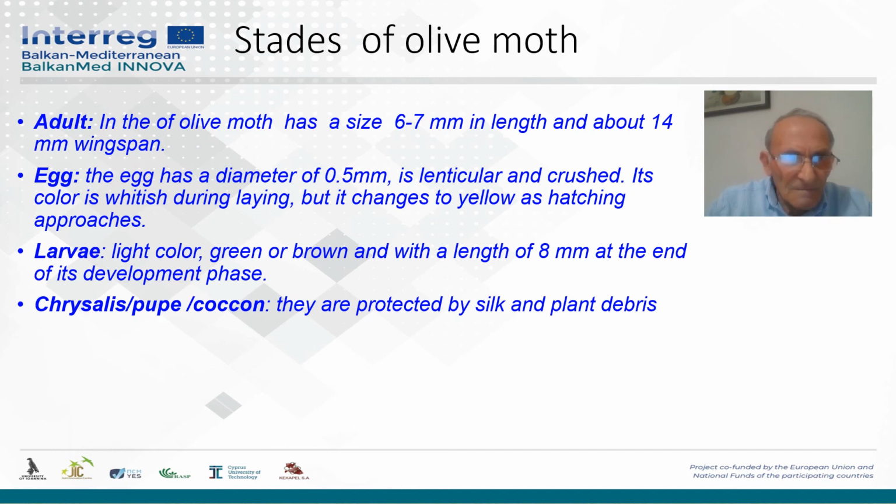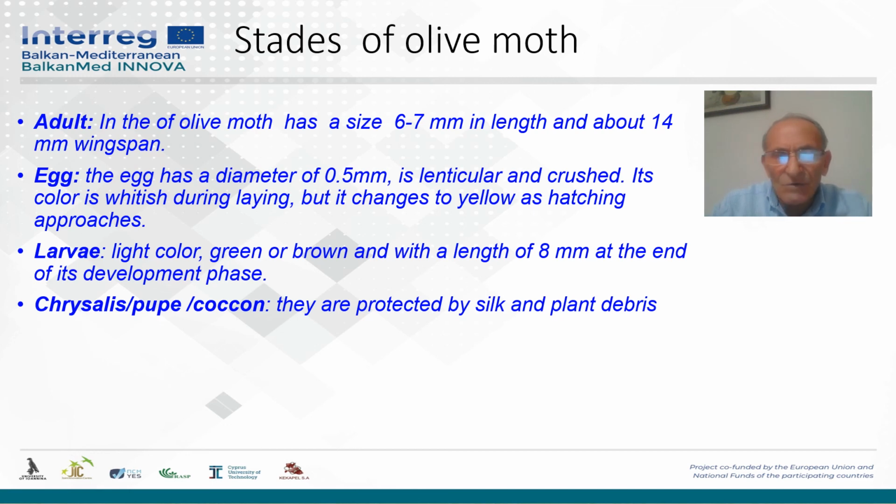The adult olive moth has a size of 6 to 7 millimeters in length and about 40 millimeters wingspan. Egg. The egg has a diameter of 0.5 millimeter, is lenticular and has a crochet.